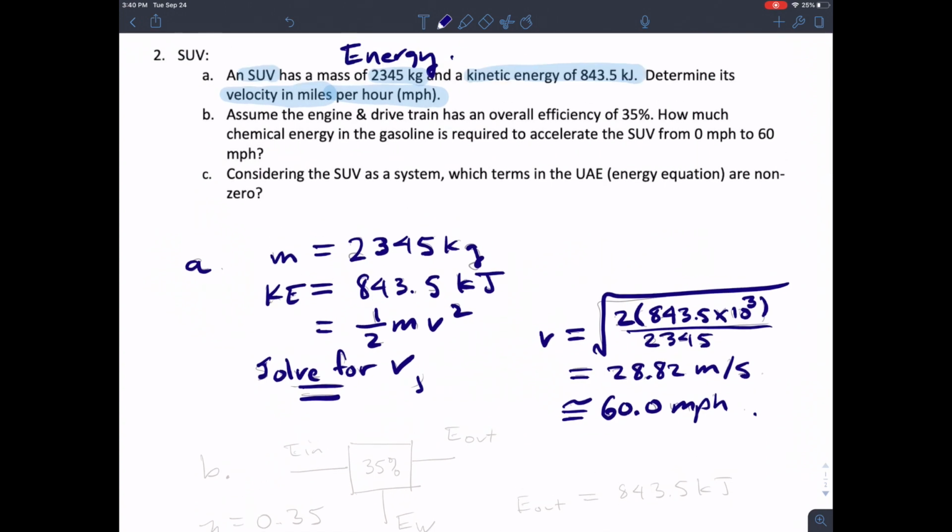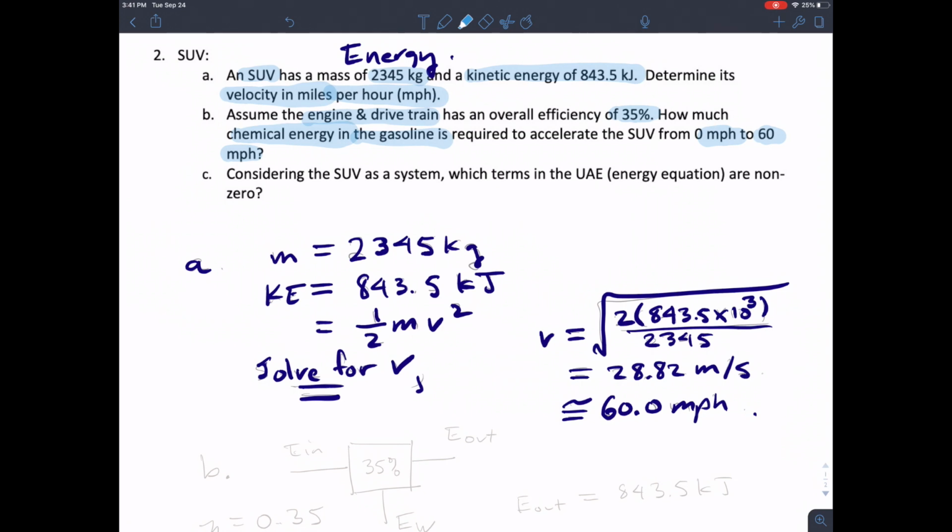Next, we're going to assume that the engine and the drivetrain have an overall efficiency of 35%. We're wondering how much chemical energy in the gasoline is required to accelerate from 0 to 60 miles an hour. We're going to assume this is on a level surface because it doesn't say that it's not.